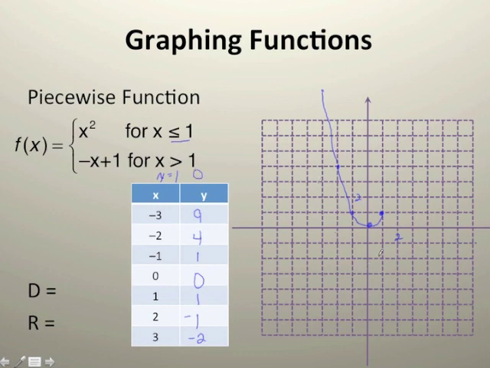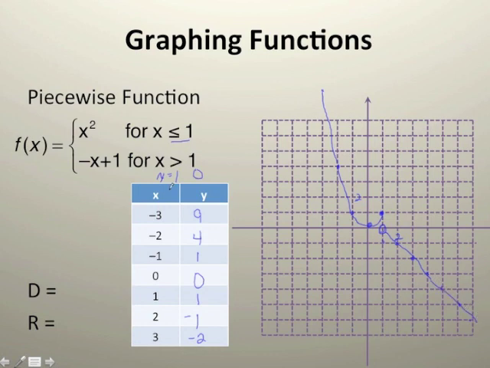And I want you to go to that point: x is 1, y is 0. Put a circle there, and the circle shows it's open. That point doesn't work, but this one does. And so we'll do this one, and then 2, negative 1; 3, negative 2. It appears it's going to be this line that goes across the graph this way, starting with that open circle to say that point doesn't really work. But this would be the graph.